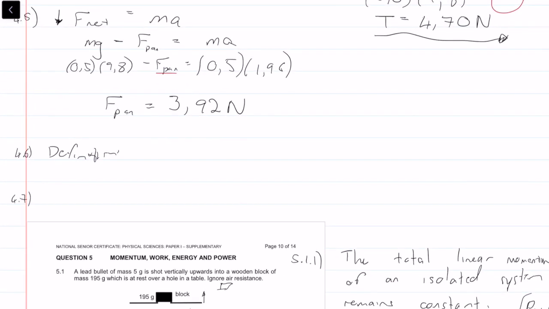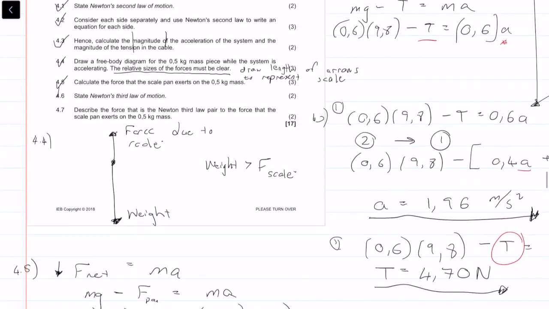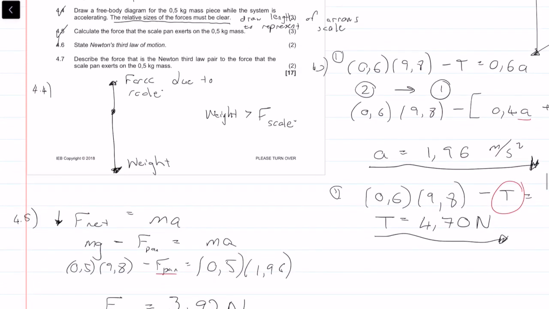let's give myself a little bit of space, or a lot of space. Okay, question 4.7, describe the force that is the Newton's third law pair to the force that the scale exerts on the 0.5 kilogram mass. So basically, what is the action-reaction pair? We just need to rearrange the order of this part of the question. They've given us the force that the scale exerts on the 0.5 kilogram mass.